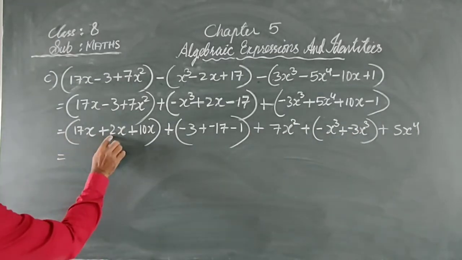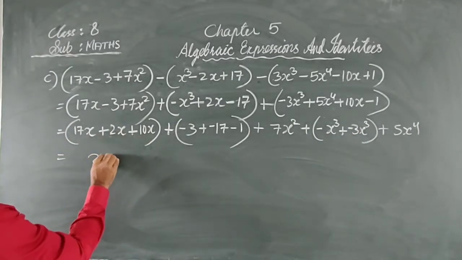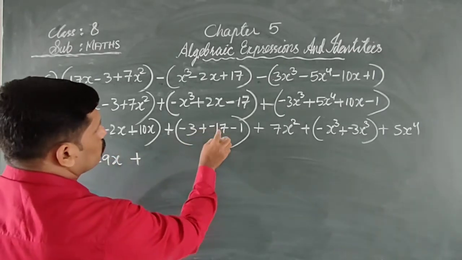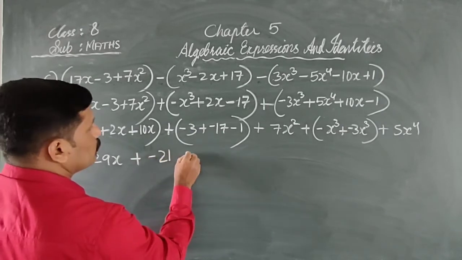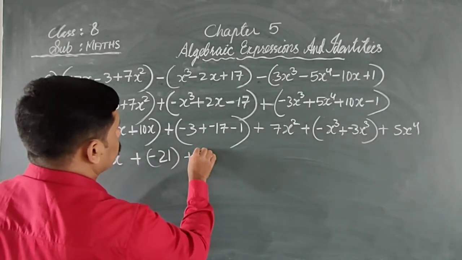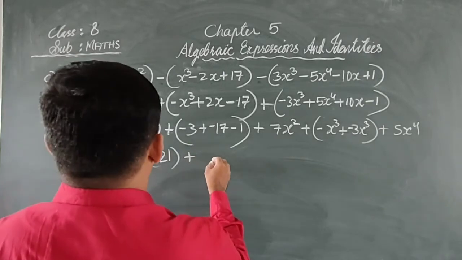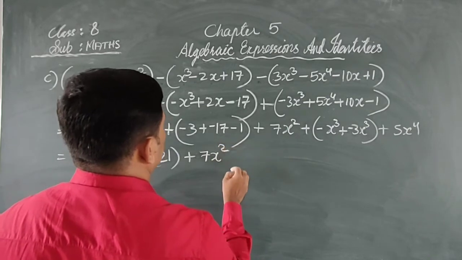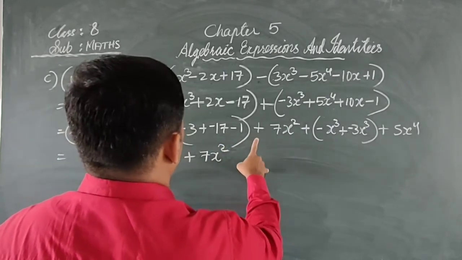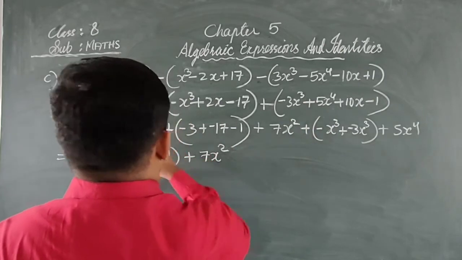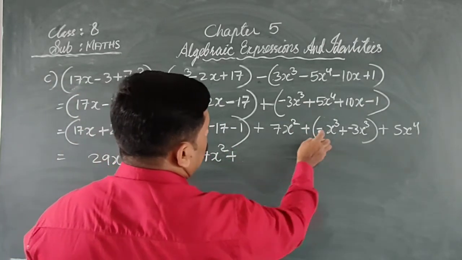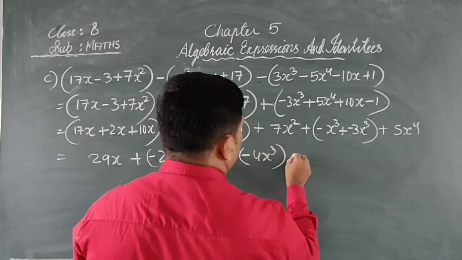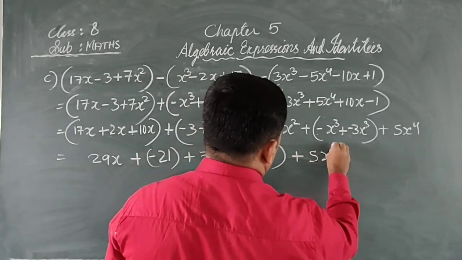Then 17 plus 2, 19, 19 plus 10, 29x, 29x plus negative 21 plus 7x square. Okay, plus both are negative, we add, negative 4x cube plus 5x power 4.